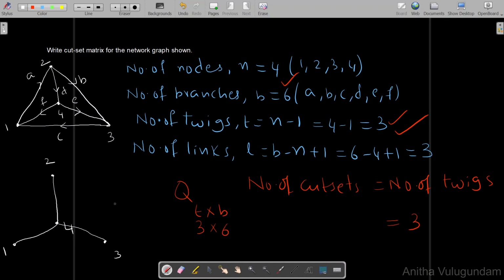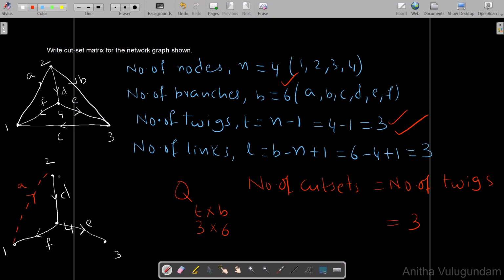If you want, you can take another tree as well; you will get a different cut set matrix. This is F, and this is E. Branches of the tree are called twigs and remaining branches are called links. Let us use dotted lines for remaining branches.